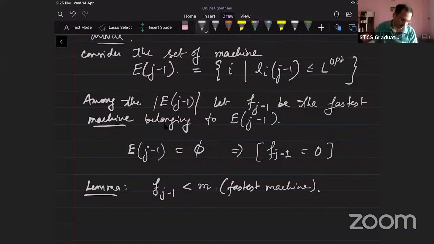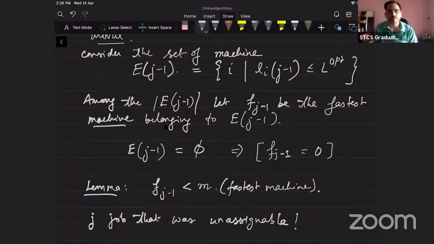It's not a difficult proof. Remember, J is our job that was unassignable. And E_{J-1} is a set of all machines whose load just before the arrival of J is at most LOPT.